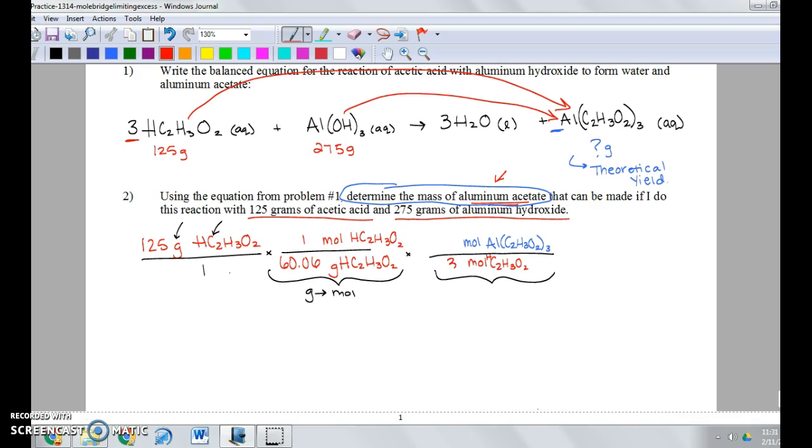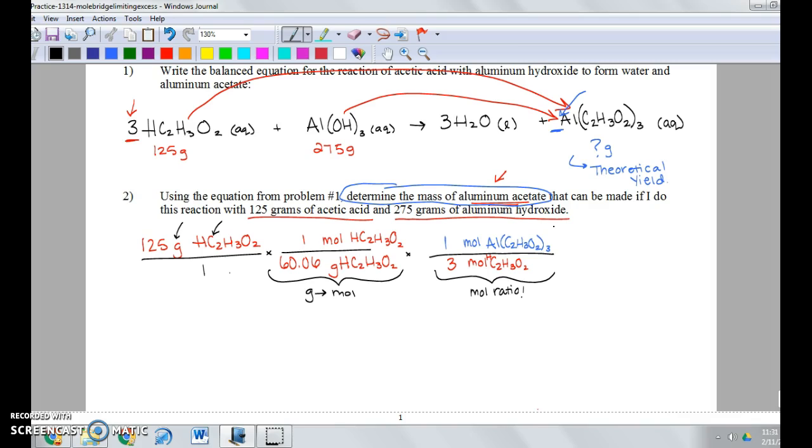So for every 3 moles of acetic acid, that came from here, I will make 1 mole of Al(C2H3O2)3. That's our mole ratio. This comes from the balanced equation.